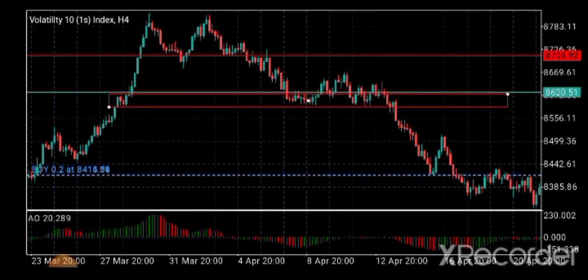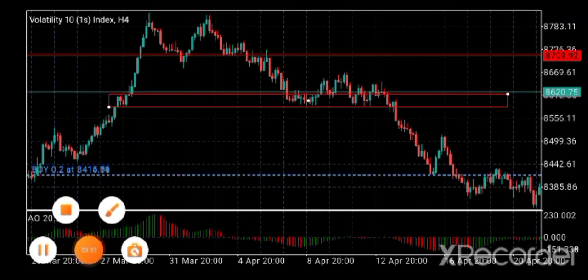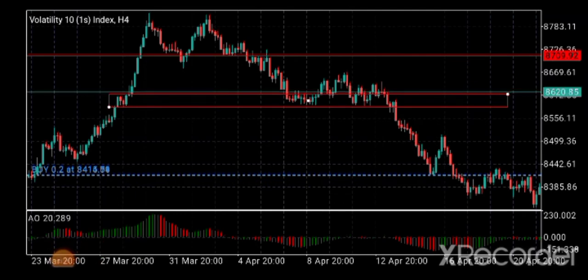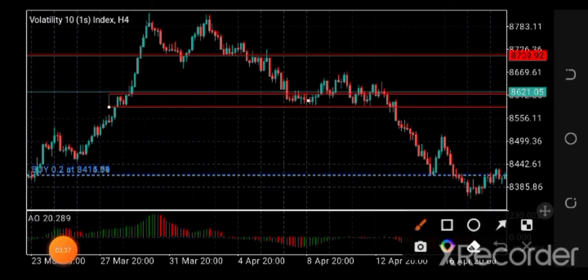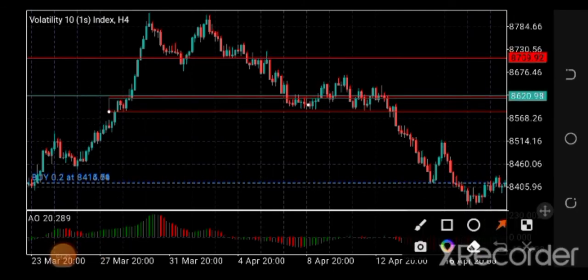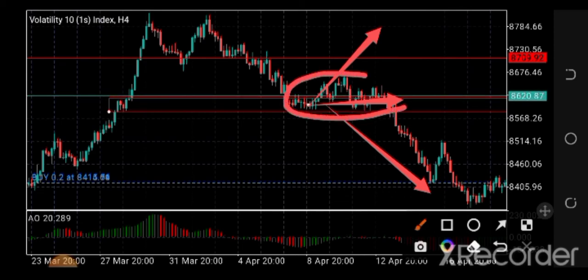When it reaches this area, you've got three options. Either the market goes up, or it goes down, or it goes in a range. As you can see, this market moved in a range for a few days here, and then it continued going down.